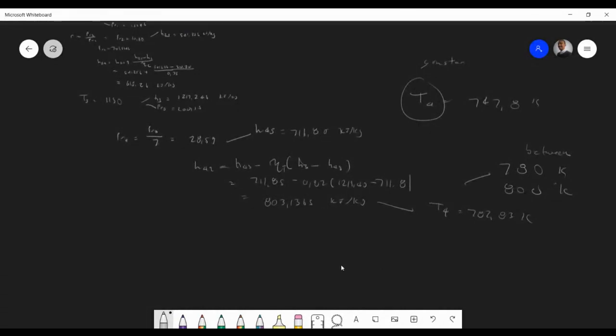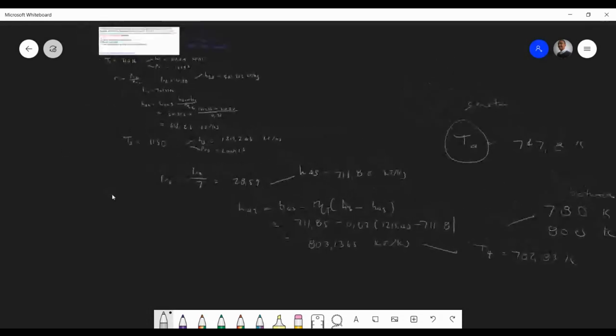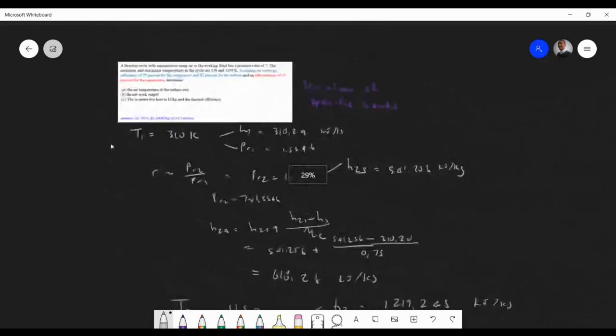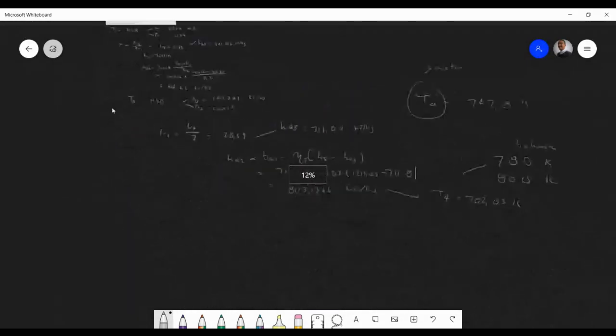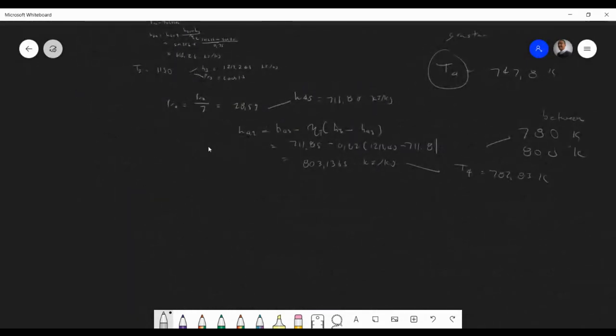Right. So now, before we move on to finding the net work output and the regenerator, what I normally do for the test is say find the thermal efficiency before the installation of the regenerator.